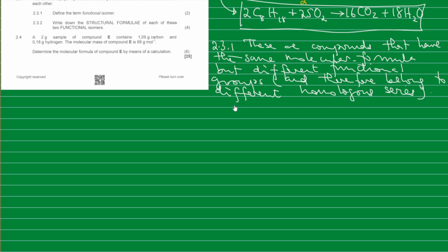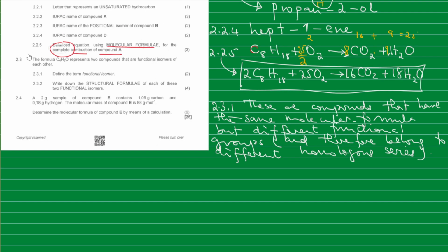series. So what we are saying here is they have got the same molecular formula. Remember what a molecular formula is, just like what we have written here. A molecular formula shows the type of atoms and the actual number of atoms that we have there. But they have got a different homologous series. So coming down to this one, we have got a C4H8O.